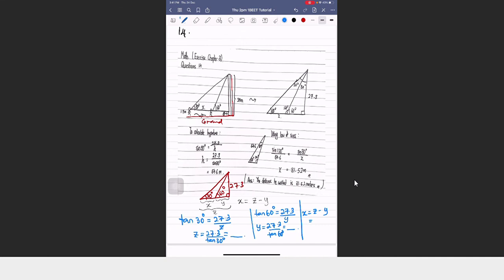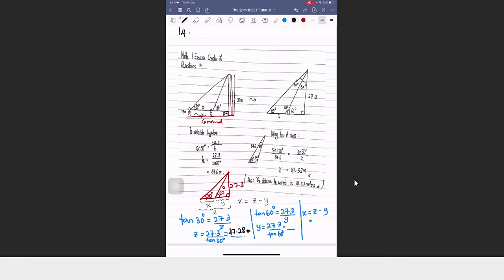What is Z? Wanjet, can you help me compute this? That is 47.28 degrees. For this, 47.28 meters. Okay, this one is length, isn't it? Okay, another one. This is meters.